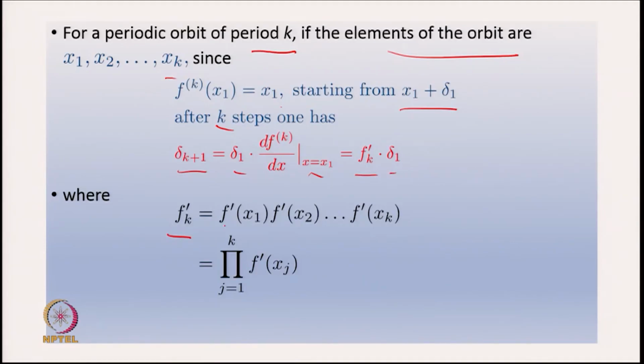F prime of k is f prime evaluated at x1, f prime evaluated at x2, all the way up to f prime evaluated at x k, namely it is the product of the slope of the map at all the points of the orbit.